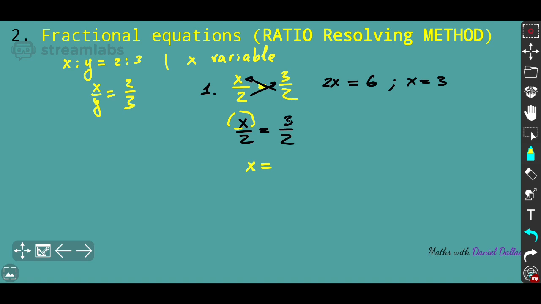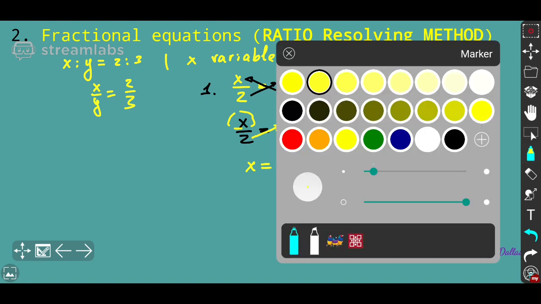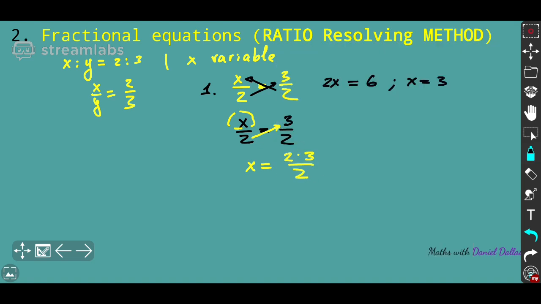You have 3 over 2, and you apply the crisscross method, but only for the 2 which stays here. So you carry your 2 to the right side, to the top, okay? In this case, you will get 2 times 3 over 2. And now you can simply cancel the fraction because you have 2 on the top and 2 on the bottom. So you just cancel that, and that means you'll have x equals 3, the same solution.